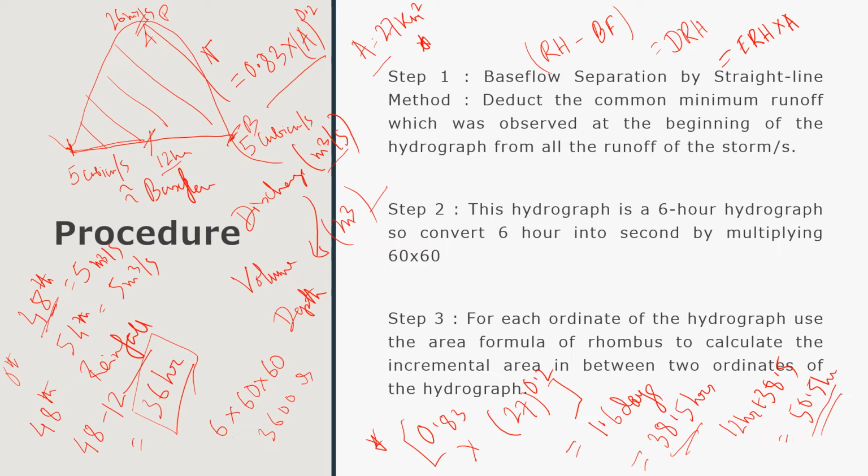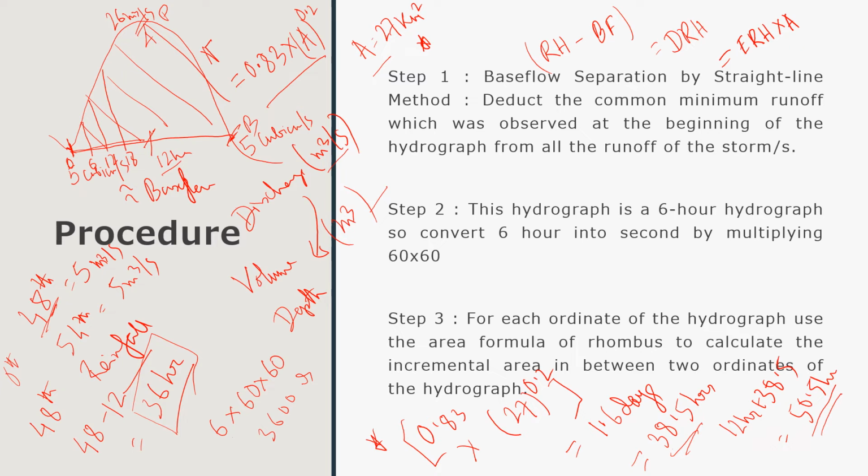Okay, and they would be just like trapezoids or rhombus. So if this is the 0th hour, and this indicates the 6th hour, this indicates the 12th hour, this indicates the 18th hour, and so on.